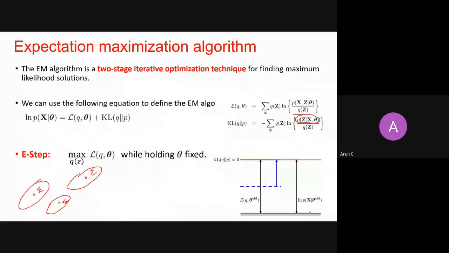So what I'm saying here is fixing these values pi1, pi2, pi3, mu1, mu2, mu3, and sigma1, sigma2, sigma3. You have frozen your theta. So you have fixed your theta, and then you calculate the posterior over Z, right?